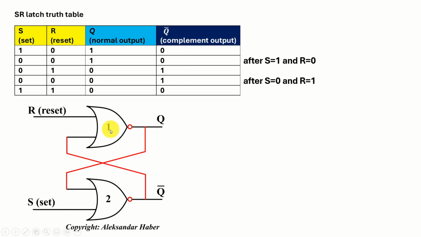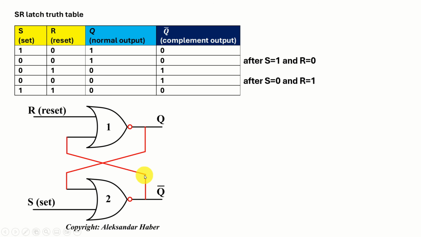Let's start from the beginning. Let us assume that set is 1 and that reset is 0. That is, over here we have 1 and over here we have 0. Now, since set is 1, independently from this input over here, the output of the NOR gate 2 will be equal to 0.